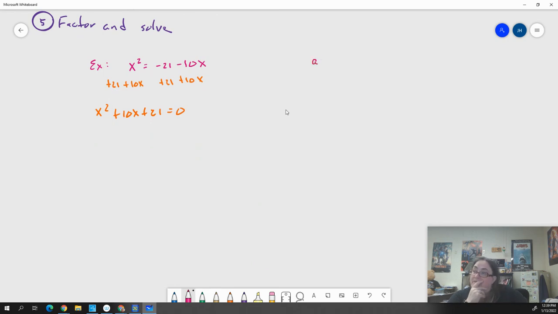So keep in mind, if I have ax squared plus bx plus c equals 0, and this is how it's represented here, what would be considered our c term?